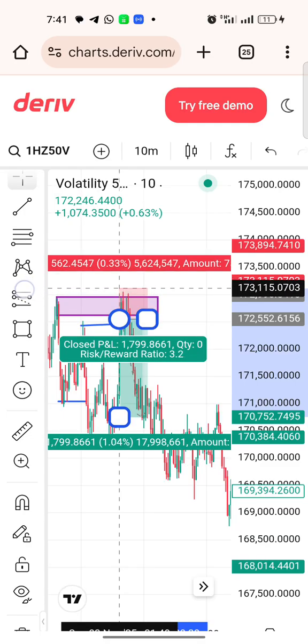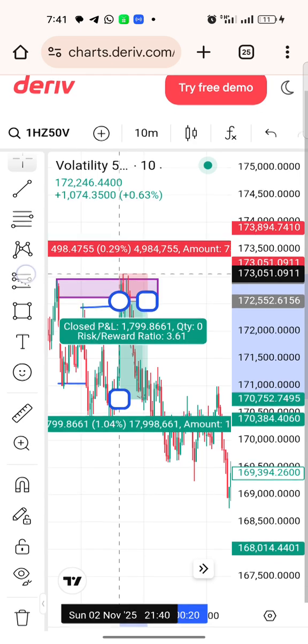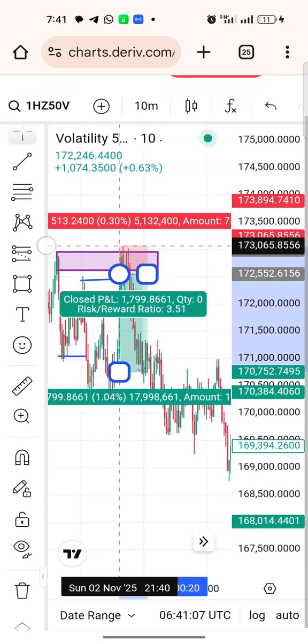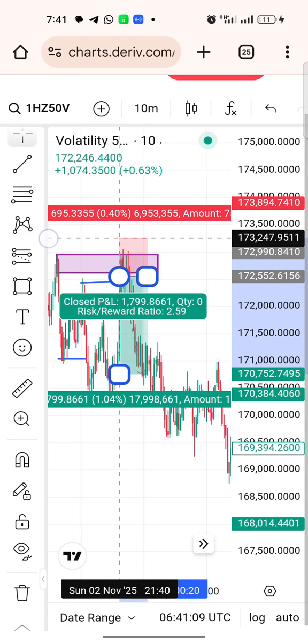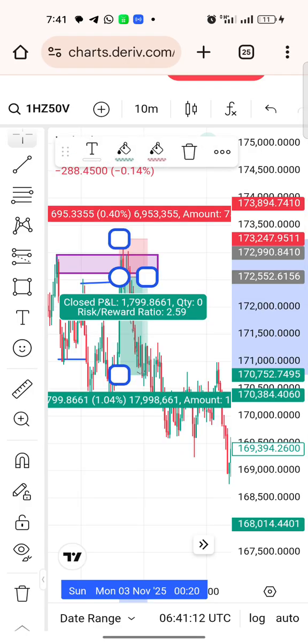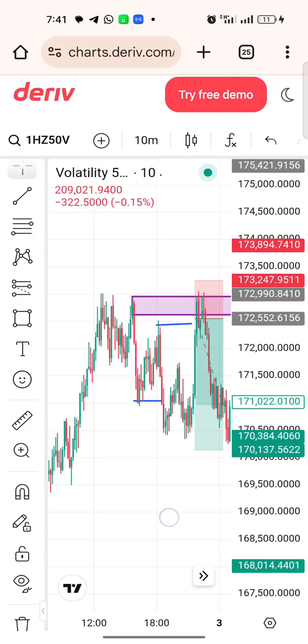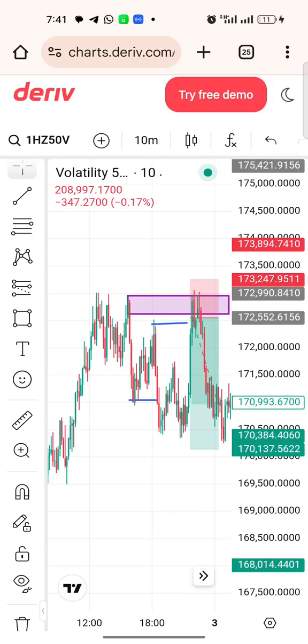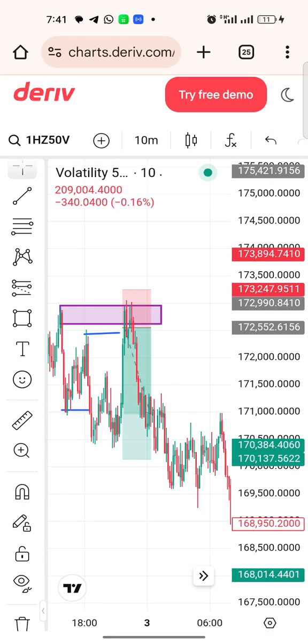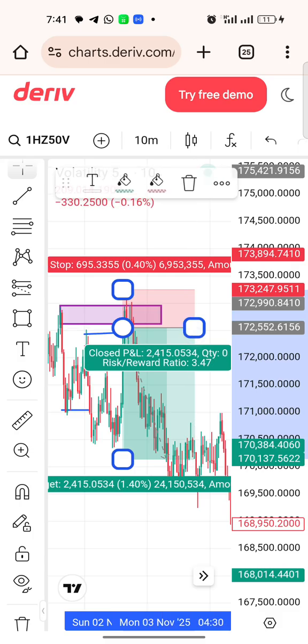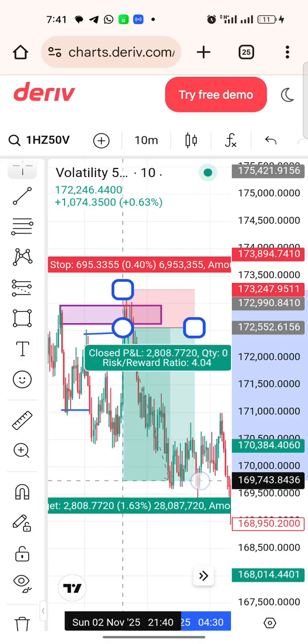So that's why it's advisable to put it a little bit above. Don't be greedy. Put it a little bit above, so that whenever there is market manipulation, you'll be safe out there. And that's just, imagine, a 1:4 setup.